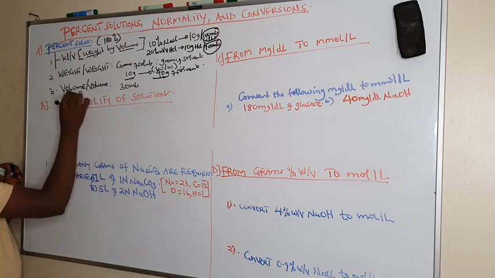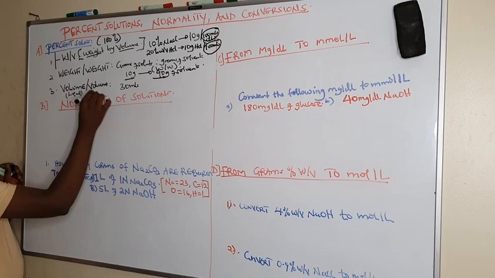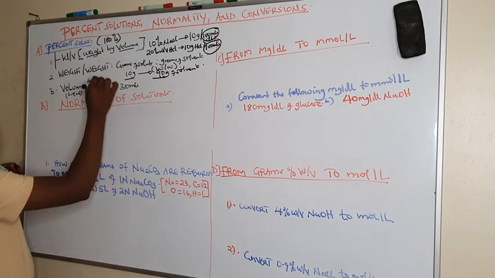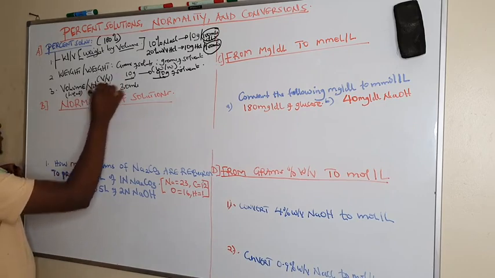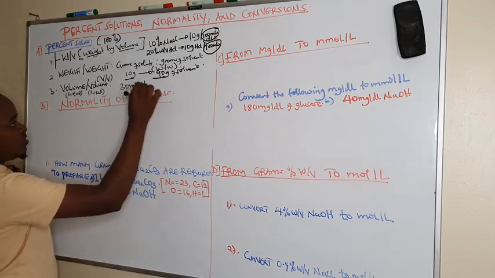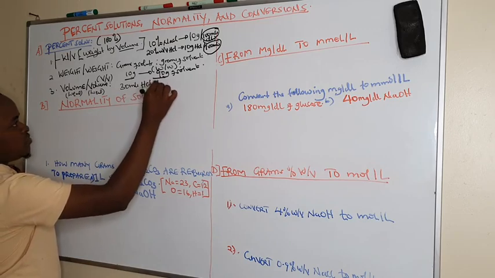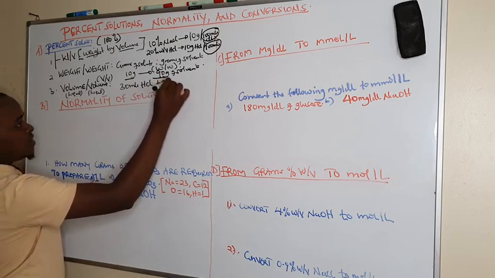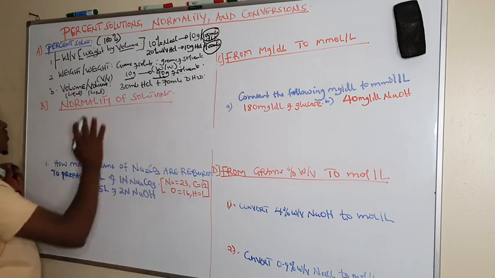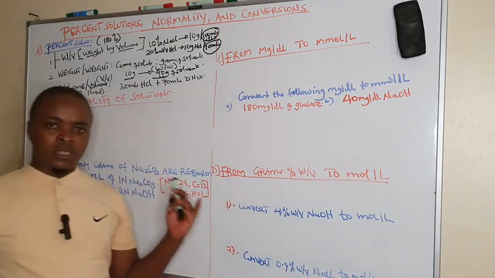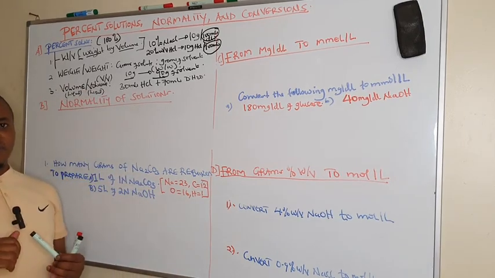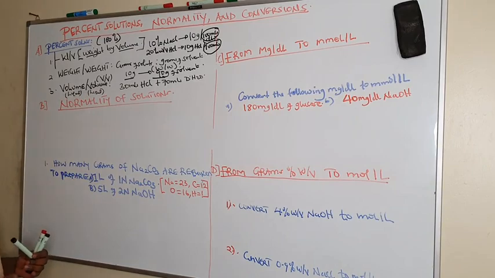When you are mixing liquid together with liquid, you use volume by volume, whereby you can have maybe 30 mils of hydrochloric acid, then you add it to 70 mils of distilled water. So this one is used when all the solutions you want to mix or to prepare are all in liquid form. So you can measure them in volume by volume.